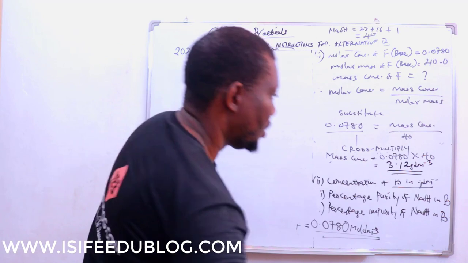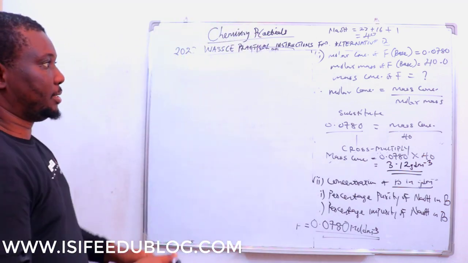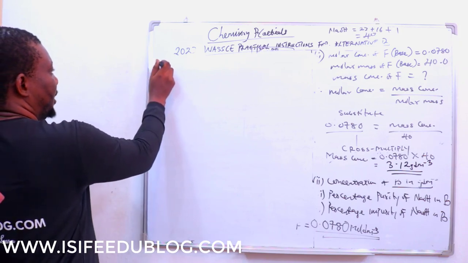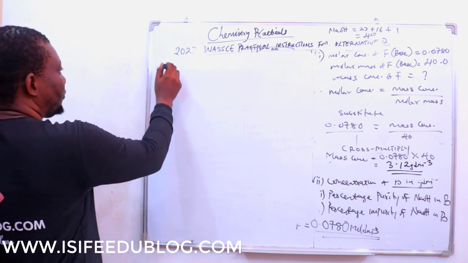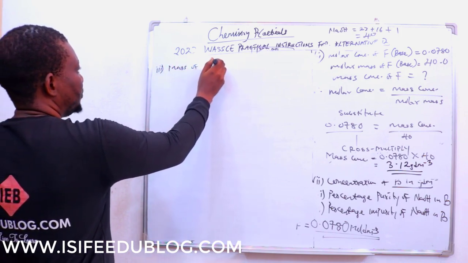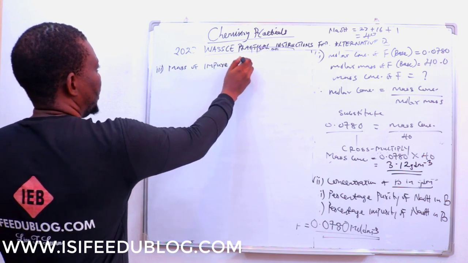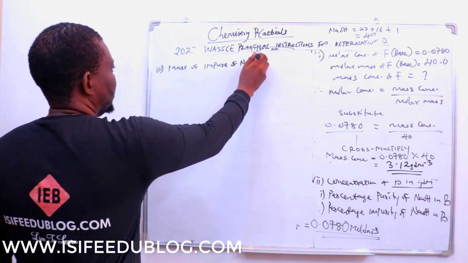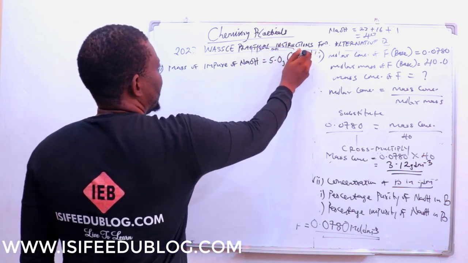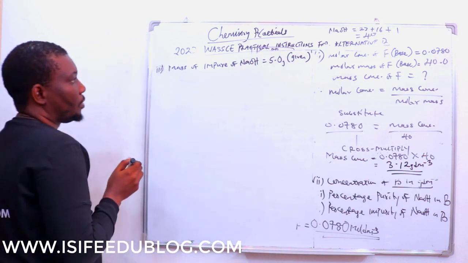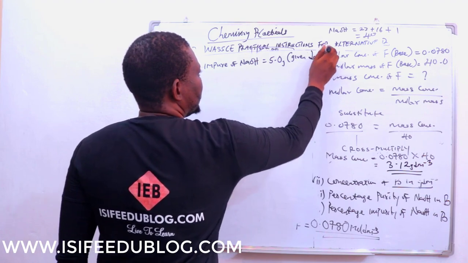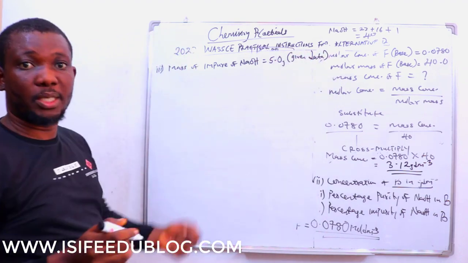Okay, what I need to do now is to state these important facts to solve the percentage purity problem. The mass of impure NaOH, remember, is given in the question as 5.0 gram. Given data. You can pause or rewind the video and see the question.